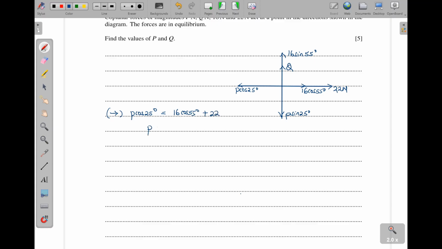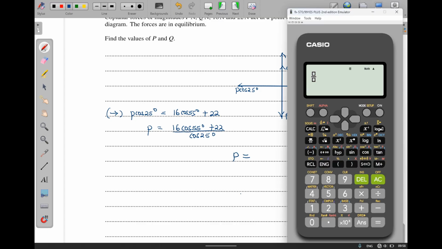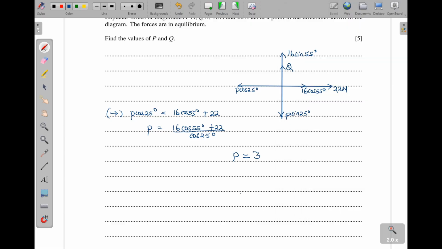So P is equal to 16 cos of 55 degrees plus 22, divided by cosine of 25. What does this give us on the calculator? 16 cosine of 55 plus 22, divided by cosine of 25, gives 34.4 to 3 significant figures. So P is equal to 34.4 newtons to 3 significant figures.